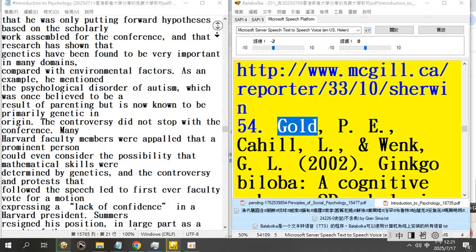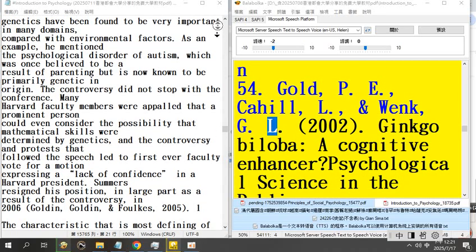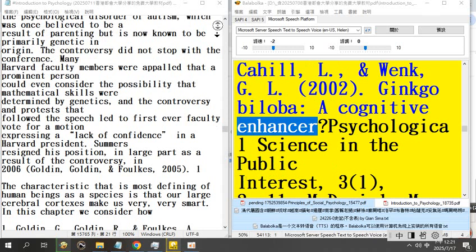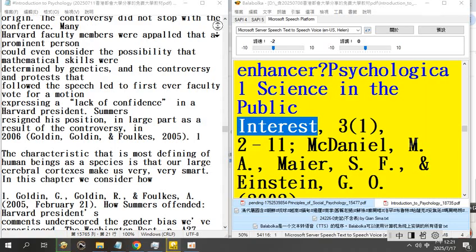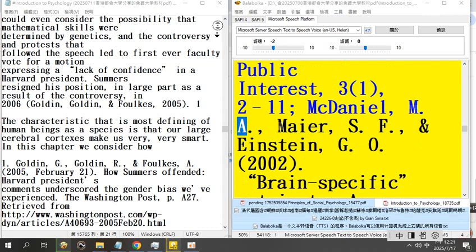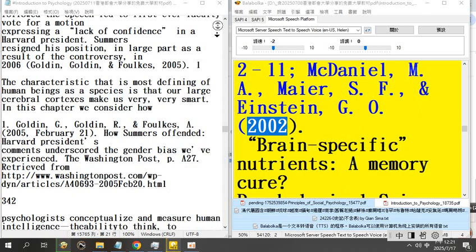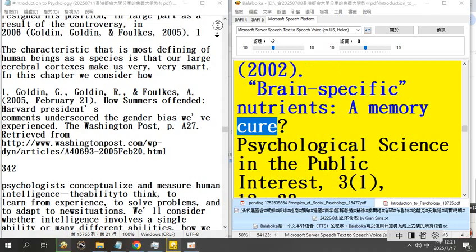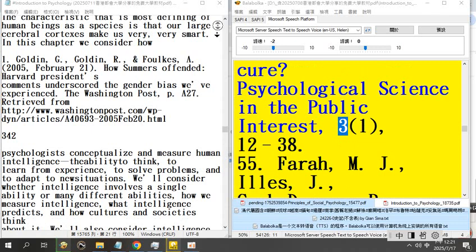Gold, P.E., Cahill, L., and Wenk, G.L. 2002. Ginkgo biloba: A cognitive enhancer? Psychological Science in the Public Interest, 3(1), 2-11. McDaniel, M.A., Maier, S.F., and Einstein, G.O. 2002. Brain-specific nutrients: A memory cure? Psychological Science in the Public Interest, 3(1), 12-38.